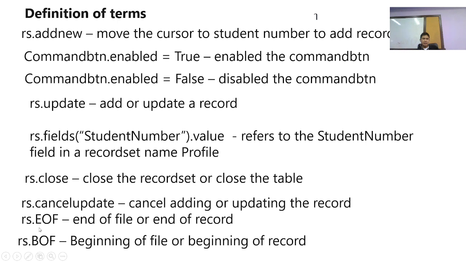We can check if there is no record. That is the purpose of EOF, which is end of file, and BOF, which is beginning of file. We can check if we are at the beginning of file, and we can check if we are at the end of the record or end of file.